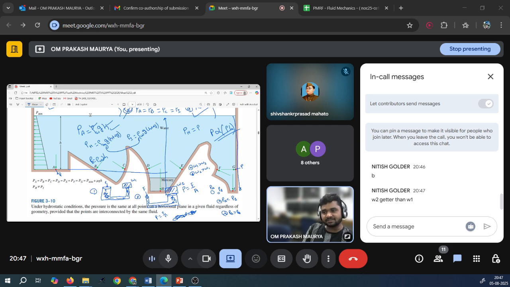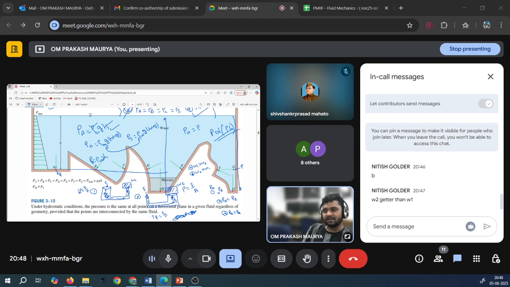So here pressure is high, here also pressure is high. Remember, please. Here the pressure is less if you are applying the same force. Pressure is force by area.